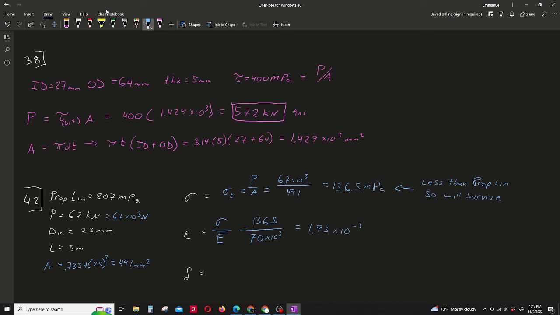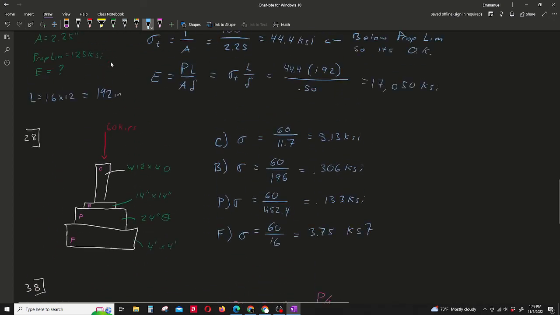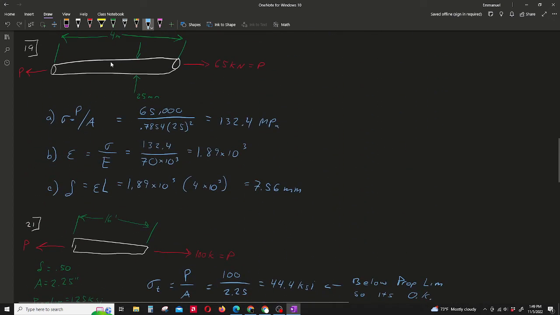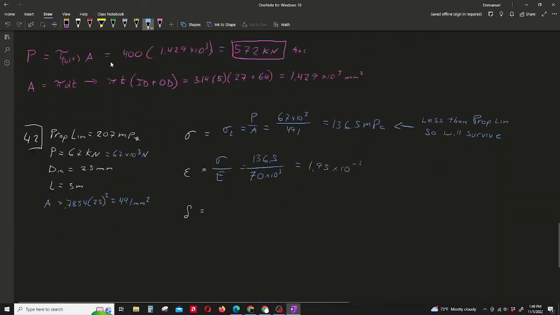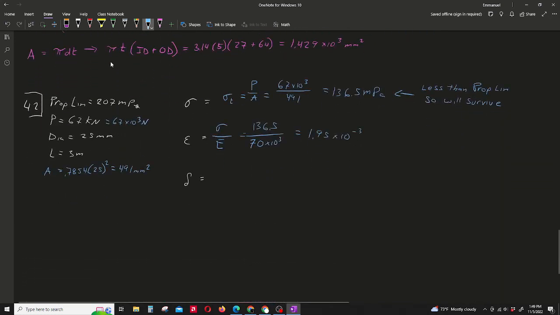Did I put negative on the other one? I think this is supposed to be negative as well. I gotta double check my calculations. I think I accidentally wrote positive, or yeah, double check that. Yeah, this may have to be negative. I just randomly thought about that. And if not, then this might be positive also. I have to check and see there.